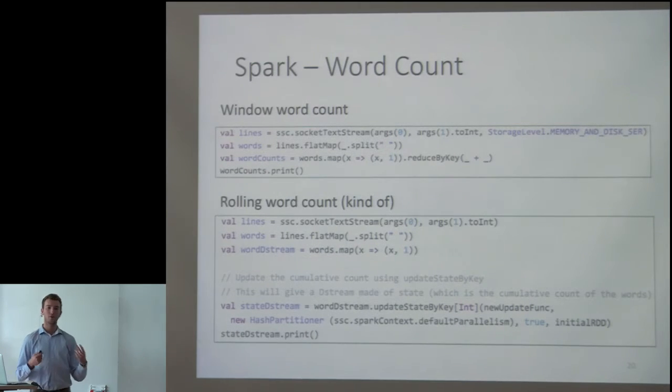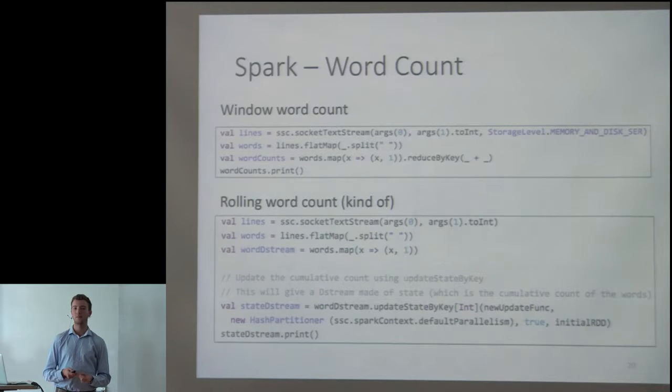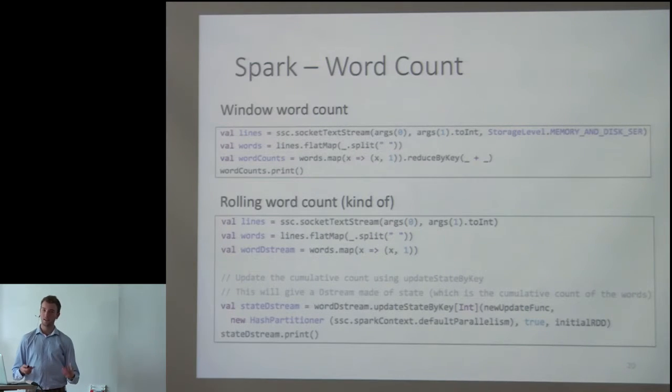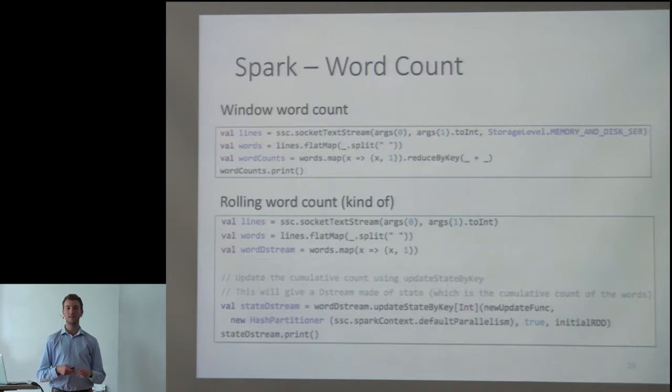So if you want to do rolling word count in Spark, you could definitely get the exact same results as you would get in Flink, but the implementation is rather complicated.